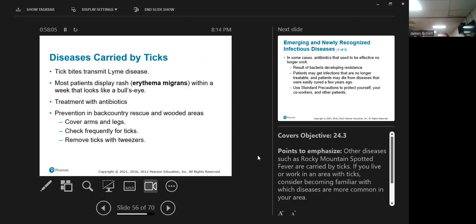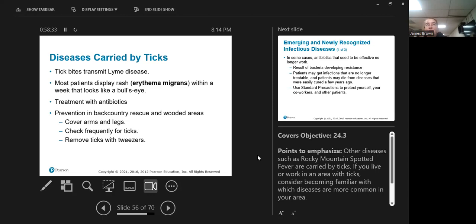Ticks. In all my years in processing meat, dealing with critters, taxidermy, all of the crap that I do, never had a problem. Knock on wood. Tick bites can transmit Lyme disease. Most patients will display a rash.